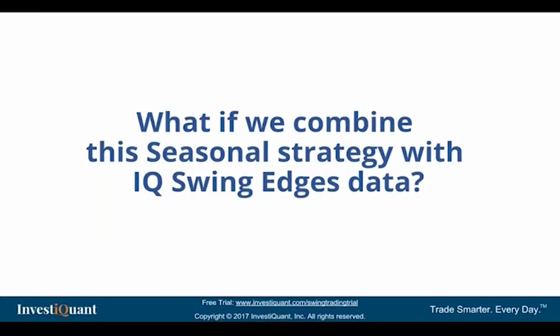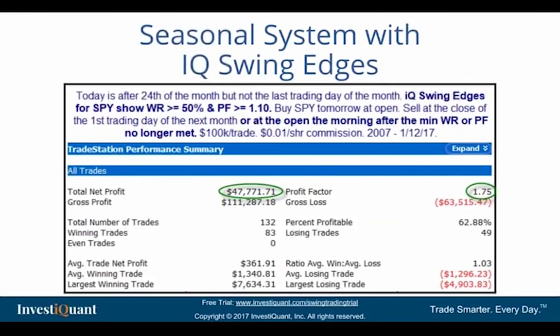All right, what if we combine a seasonal strategy with IQ swing edges data? Same concept here, except now we've got strong seasonals, and basically what I wanted to do is say, all right, I'm not going to be that picky about having the IQ data show a strong edge.